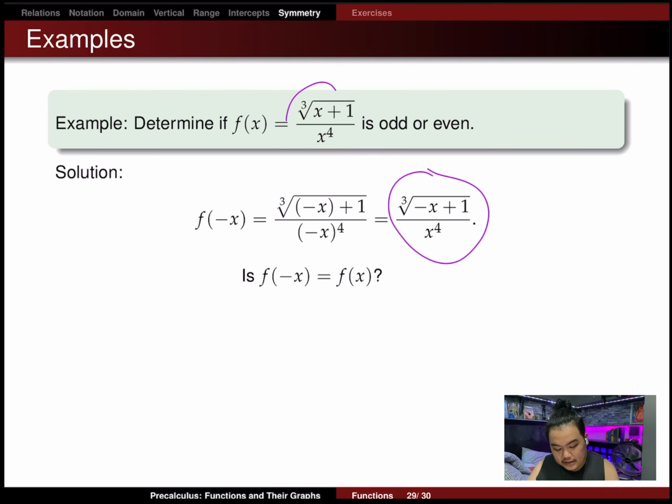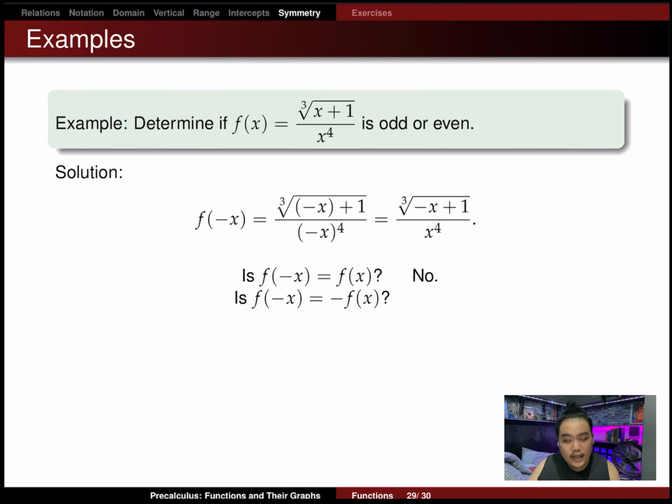Obviously, no. Next question. F of negative x, is it equal to negative f of x? No. Pag ni-negative mo to, you will not get that one. So, ang answer, therefore, f is neither odd or even. And that ends our lecture on functions.